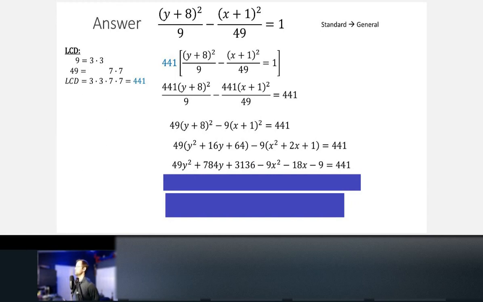Hmm. Looks like we're in disagreement. So remember, we are going to general form.